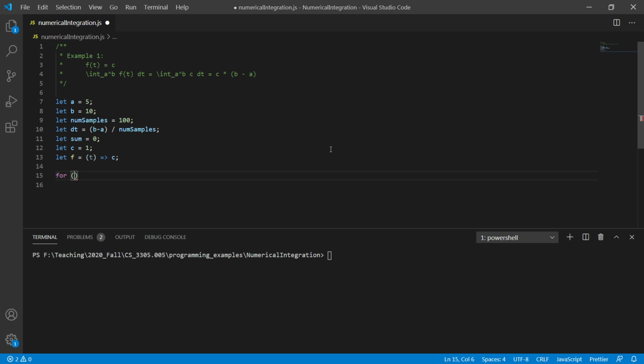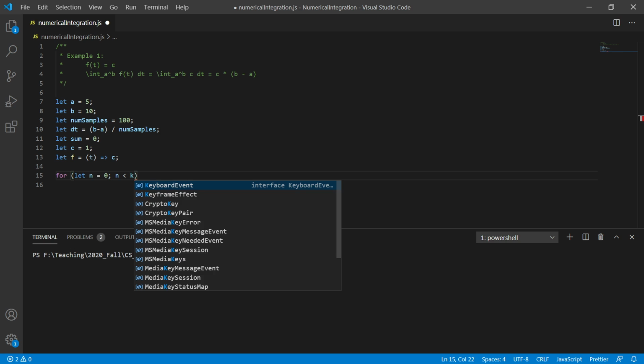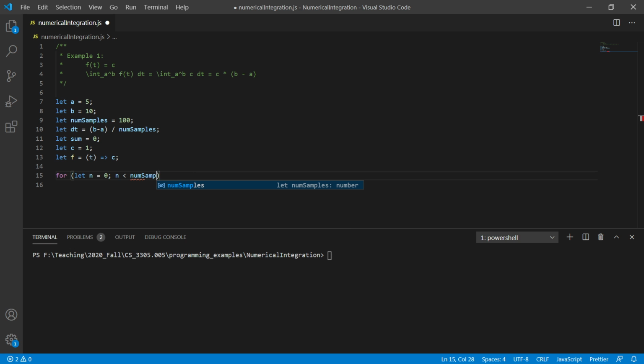Okay, so now whenever you see a summation in mathematical notation, it's going to be a for loop, right? So you have some initial value in the summation. So n equals 0. n less than k, right? Which here we've called the number of samples.